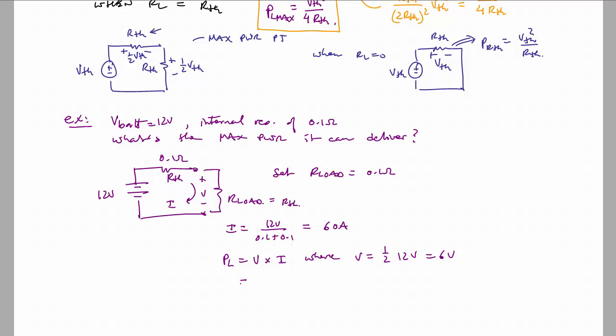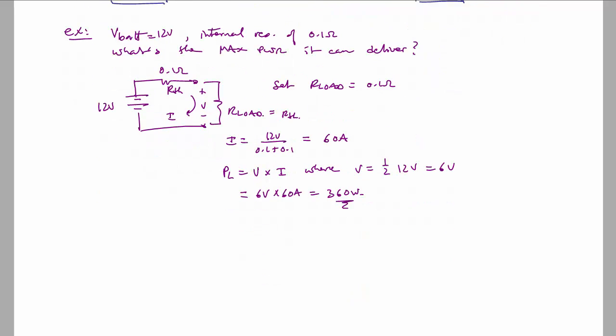So therefore, this will be 6 volts times 60 amps, or 360 watts. So if you have a 12 volt battery that has an internal resistance of 0.1 ohms, you can never extract more than 360 watts from it.